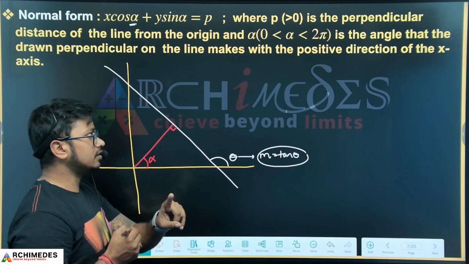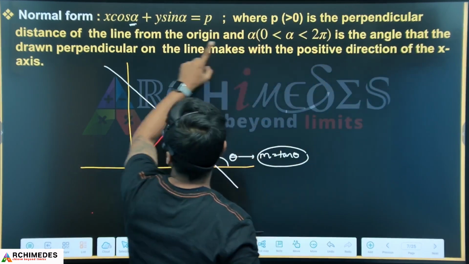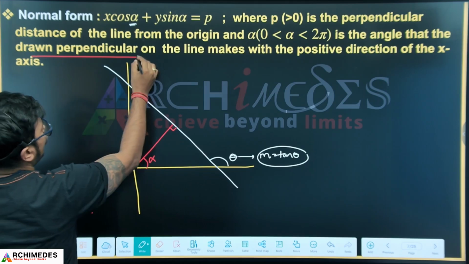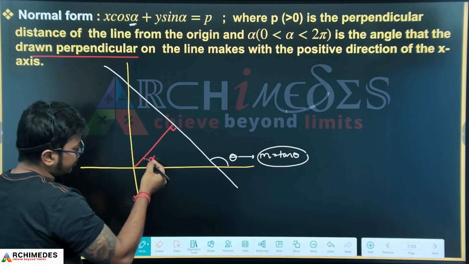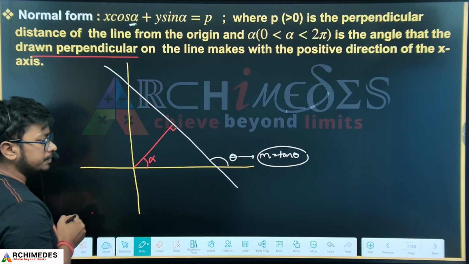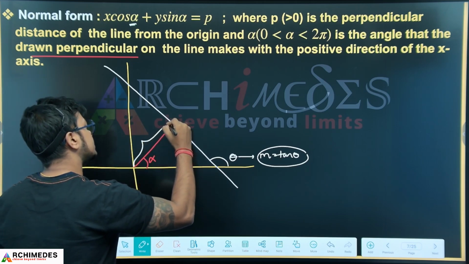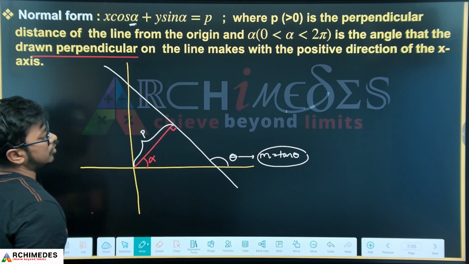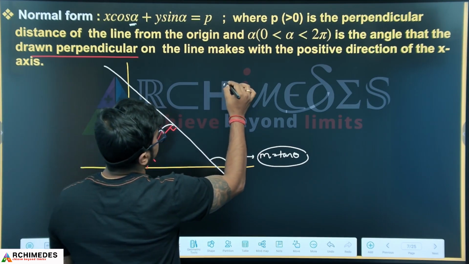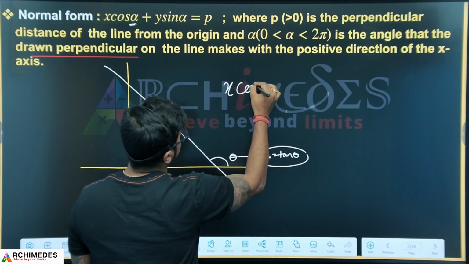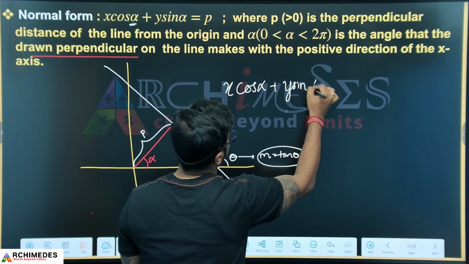Alpha is the angle that the drawn perpendicular makes with the positive x-axis. And from here to here, the distance is p. Then we can apply the normal form. The normal form says x cos alpha plus y sin alpha equals p.